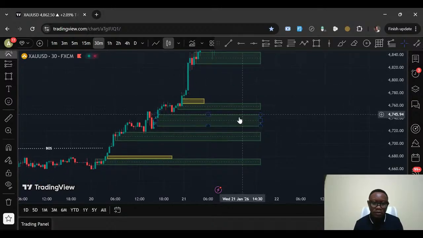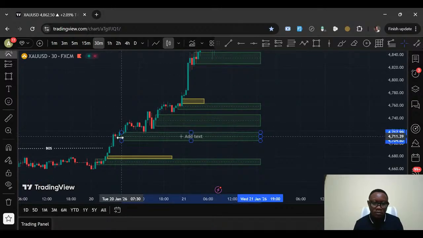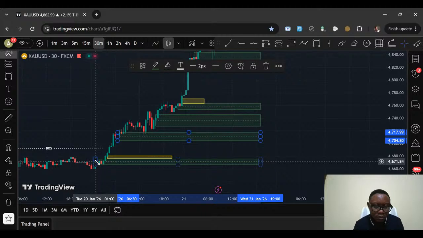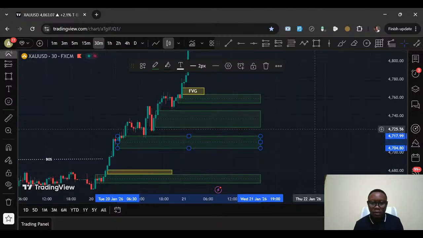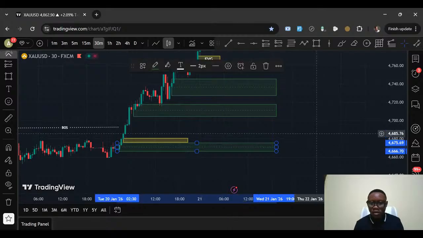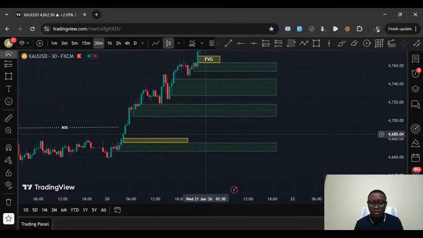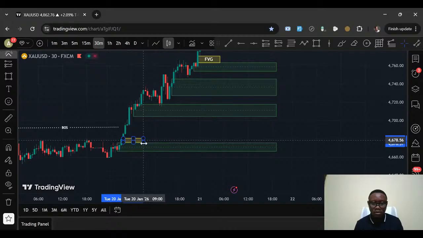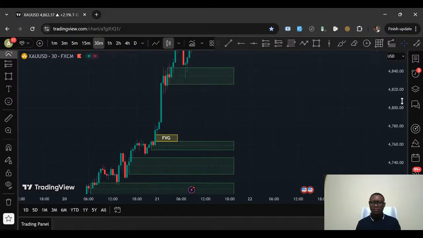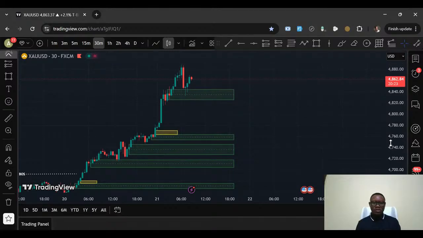I'm just trying to refine the zone. Just trying to refine the zone. Let's push this guy. Let's minimize it a little. So we have this. All right, so this is what I have on the 30 minutes time frame.